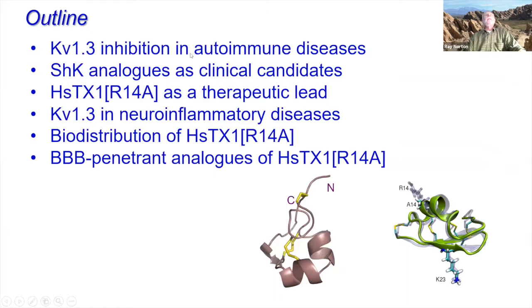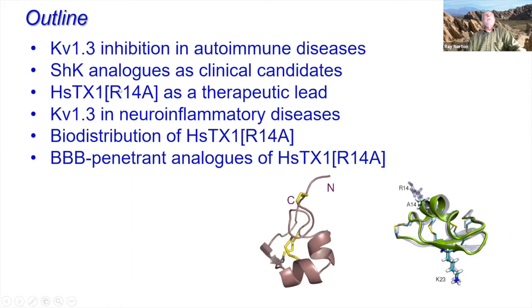I'll begin by describing SHK, something that we've been working on for some time, and the fact that it's a potent Kv1.3 inhibitor, and I'll explain why that's relevant to autoimmune diseases.